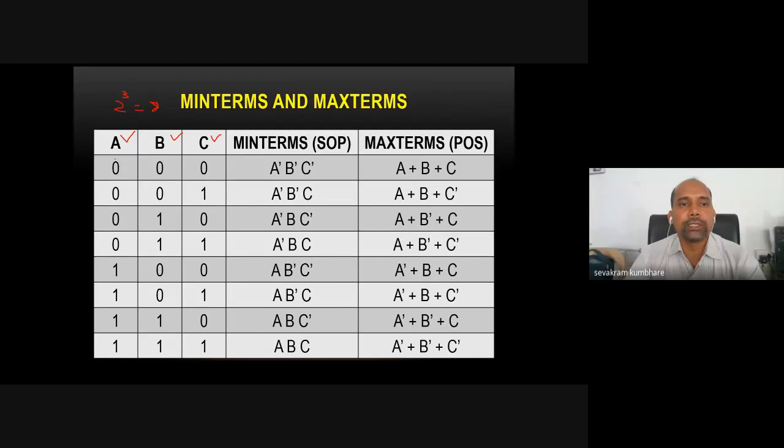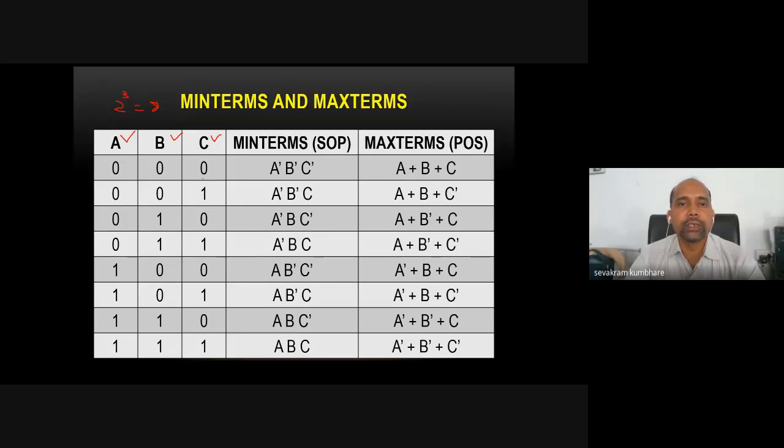Whenever there is a 0, you have to represent it in complemented form, that is bar, and whenever there is a 1, you have to represent it in uncomplemented form. So here the minterm can be written as A bar since A is equal to 0, B bar since B is equal to 0, and C bar since C is equal to 0.